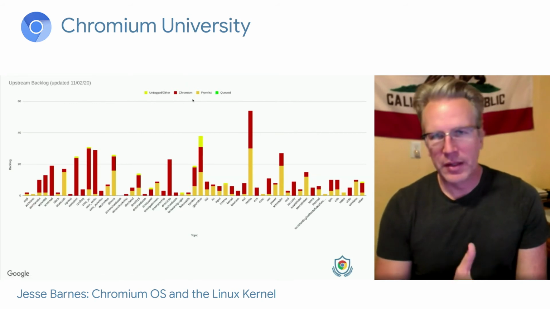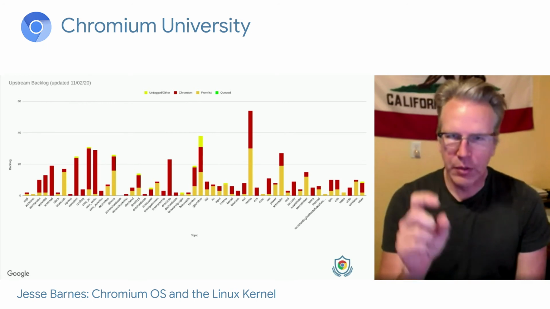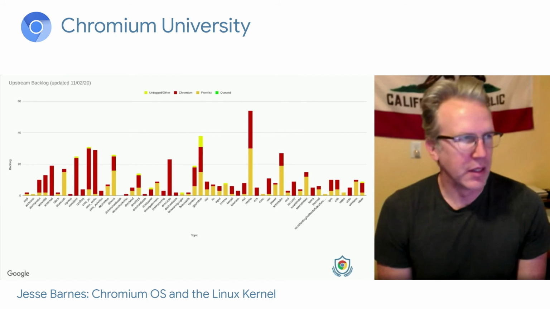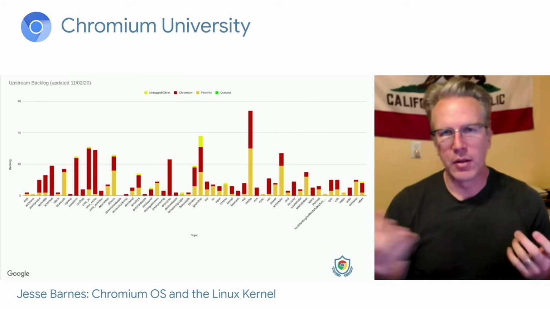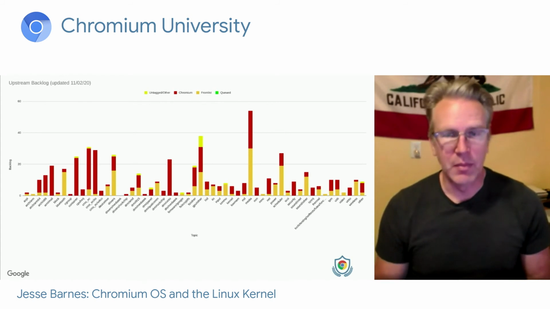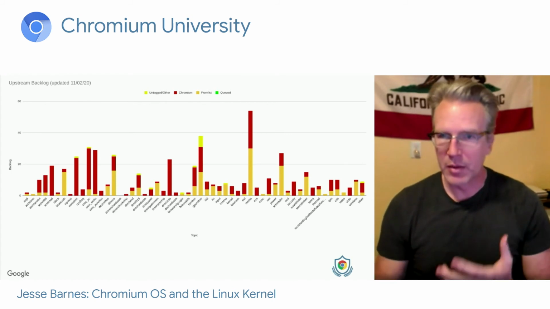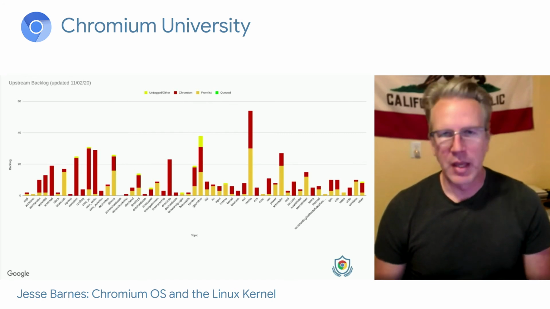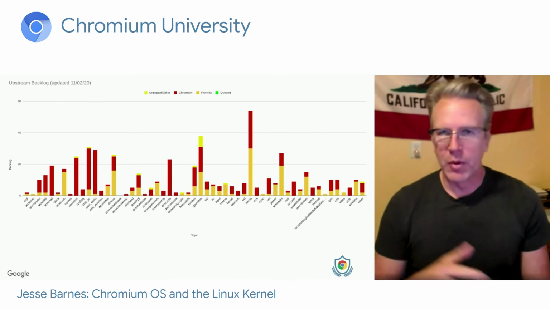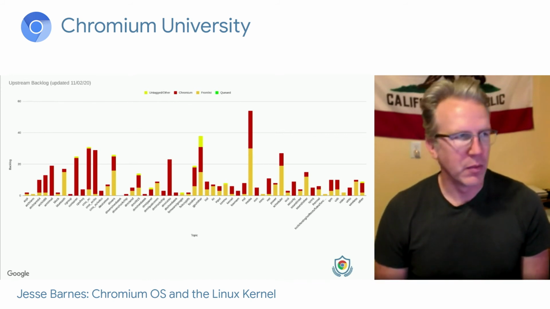The way we define this, if you look at the Chromium kernel tree, you'll see all of the patches tagged with some metadata. The Chromium tag means that it's Chromium only. It's not going upstream. It's not intended to go upstream, although the engineer should have a plan for how to upstream it. It may look different than the patch they've landed. Or in some cases, it's not a backport, but something that's equivalent to something else that landed upstream, just we had to do it a different way for whatever reason.